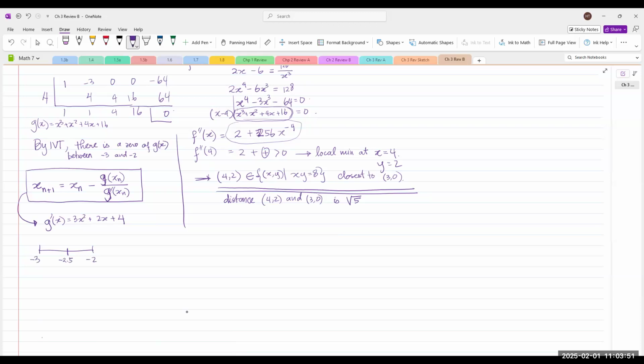So let's say my x0 is -2.5, then my x1 will be -2.5 minus g(-2.5) over g prime(-2.5). Then whatever my x1 is, I use that in my x2, and I use that in my x3. Plug in the same formula.